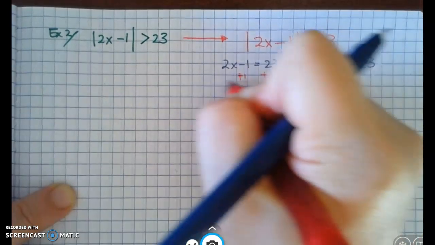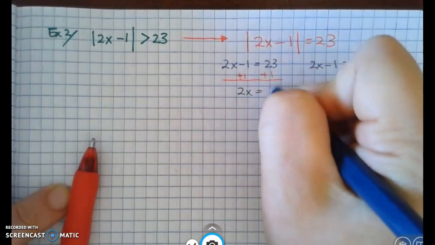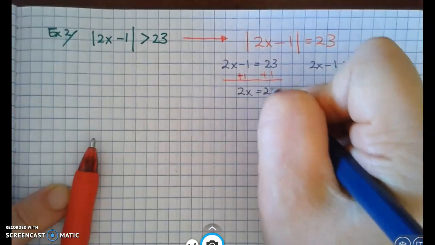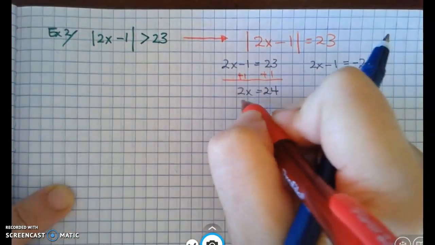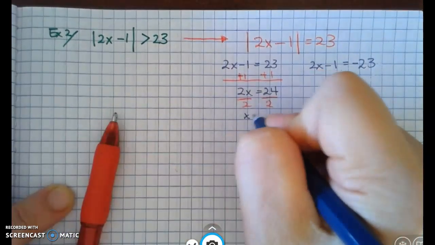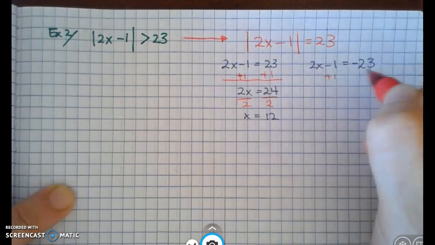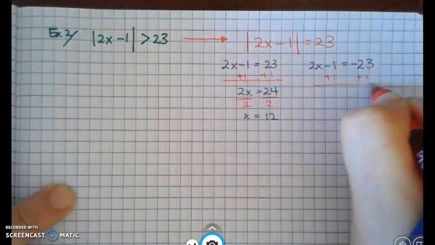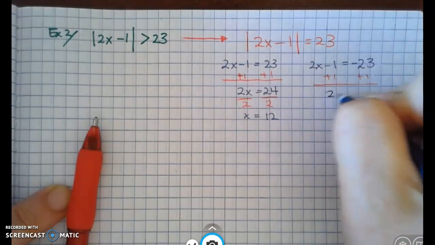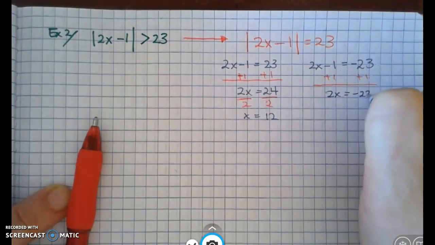Add 1 to both sides, leaves me with 2x is equal to 23 plus 1 is 24. Then divide both sides by 2. And that leaves me with x to be 12. The other equation, you add 1 to both sides, which leaves me with 2x is equal to negative 23 plus 1 is negative 22.